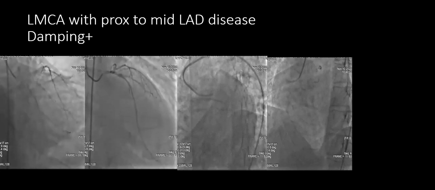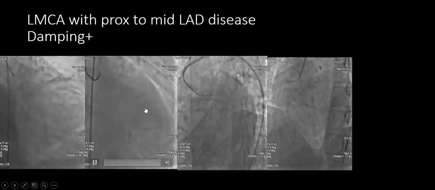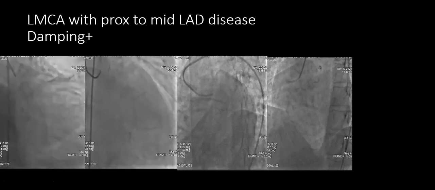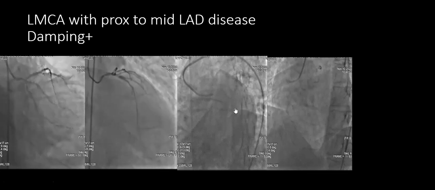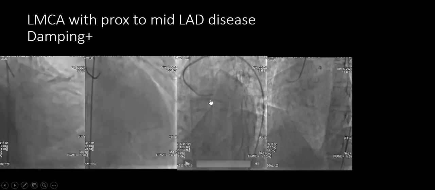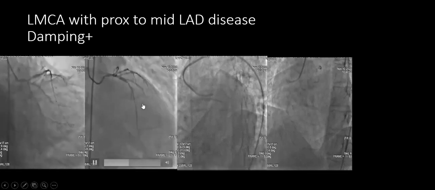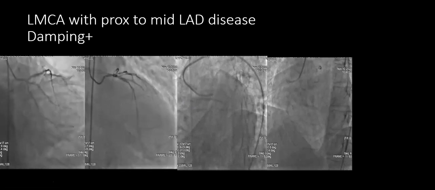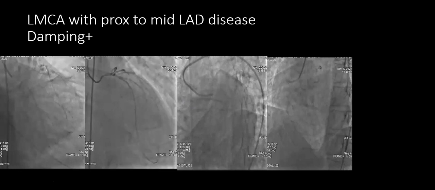So very important, when you see a lot of calcium in such patients with recurrent pulmonary edema, non-STEMI, you should not miss ostial LMCA lesions. Very important, because that can be overlooked by doing an angiogram from the radial route with a 5 French tiger.